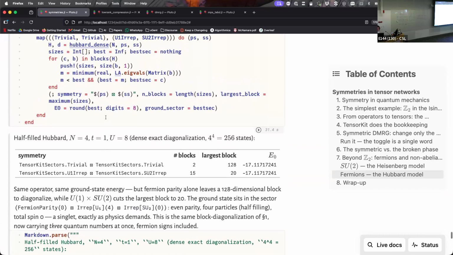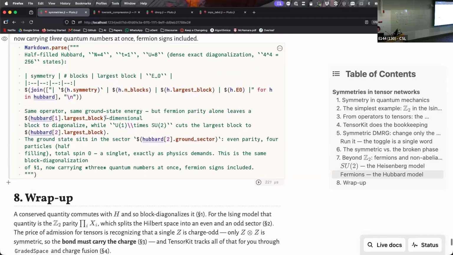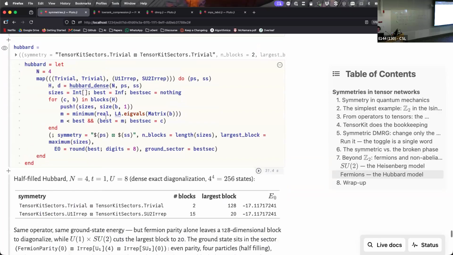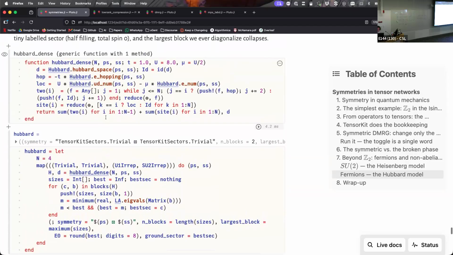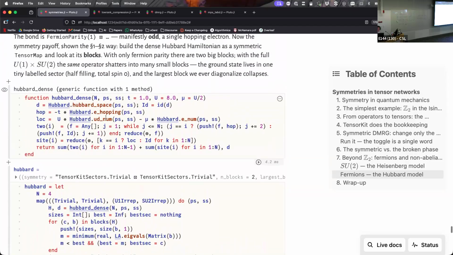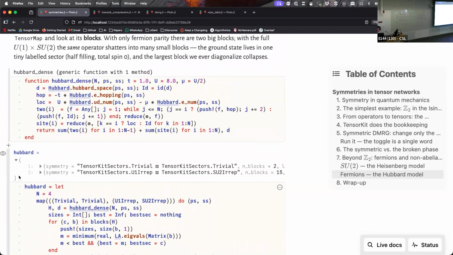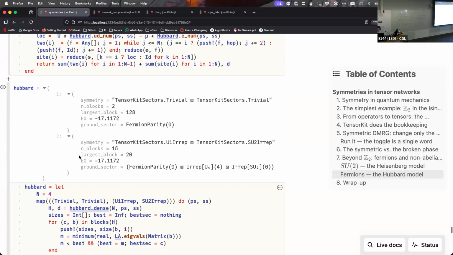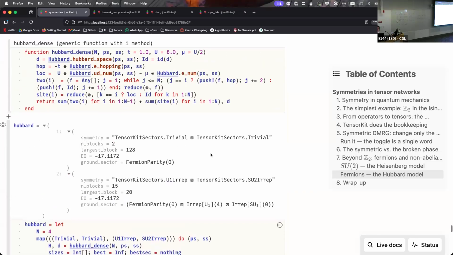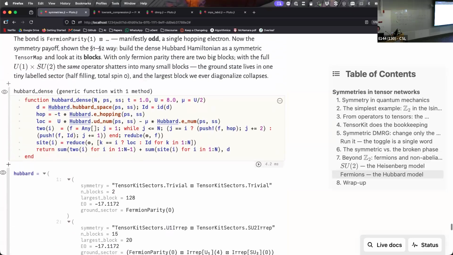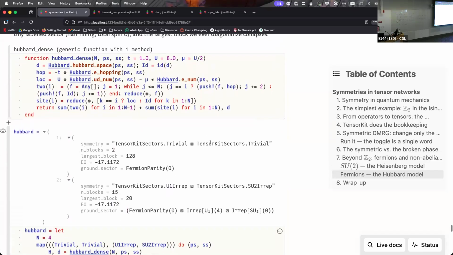And so one thing here to note is that, if I recall this correctly, comparing the Hubbard Hamiltonian on a number of sites, if I only have the fermionic symmetry, I have two blocks where the largest block is size 128.